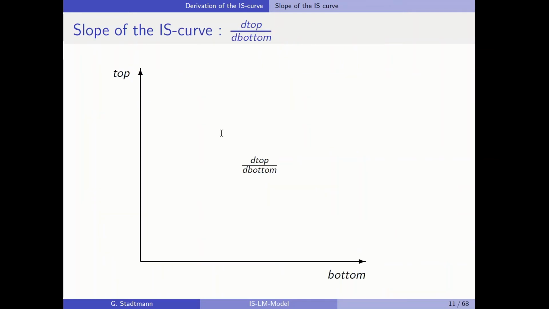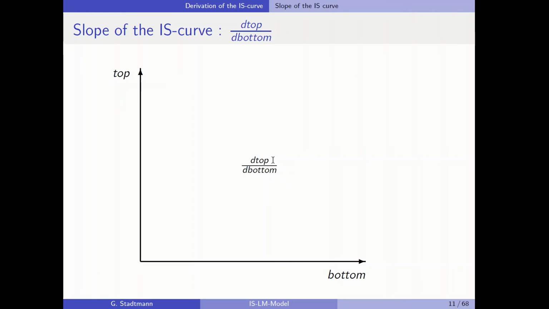In case you can't remember anymore whether it is di dy or dy di when it comes to the slope of the curve, the following graph will help. Here we have one graph where the variable top is displayed on the top of the graph and the variable bottom is displayed on the bottom. When it comes to the slope of a curve, it's always d top divided by d bottom.